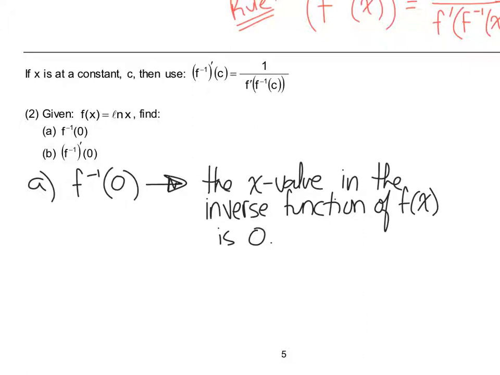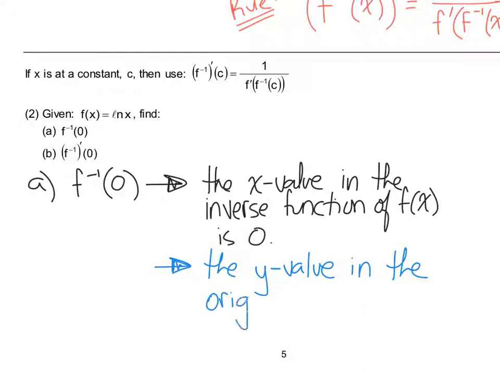The x value in the inverse function of f of x is equal to 0. That's what this notation means. If we look at it from a different perspective, it also means the y value in the original function f of x is equal to 0.